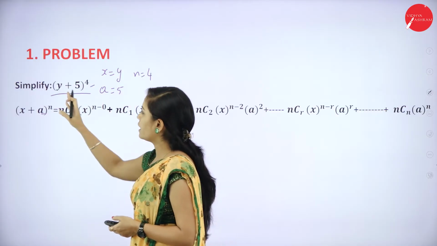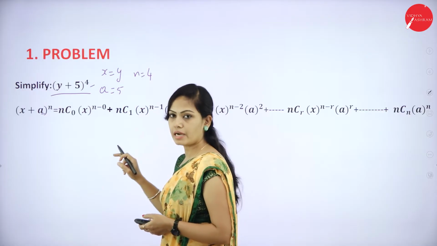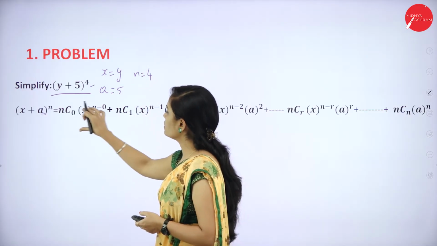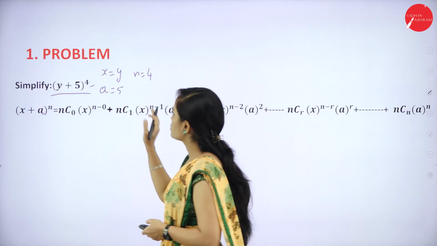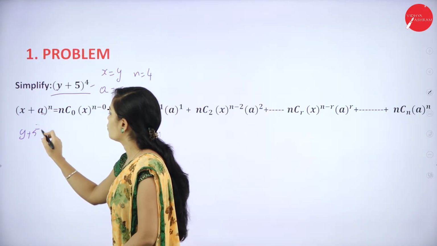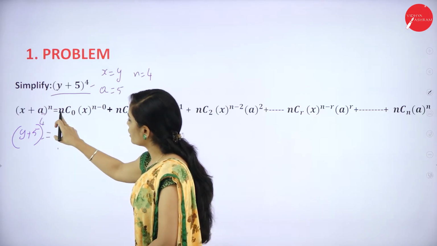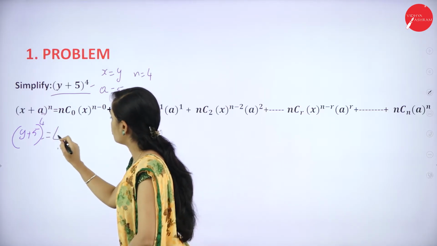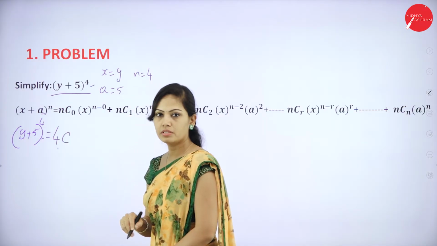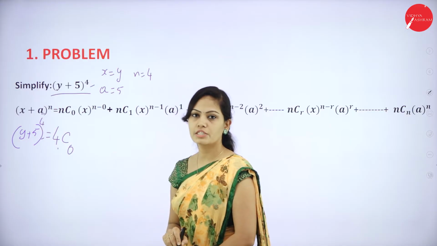Whatever the given values are, write the x, a and n values, so you can easily substitute them. Now (y plus 5) whole power 4 is equal to, so what is the value of n? It is 4. C is the combination, and the r value starts from 0.